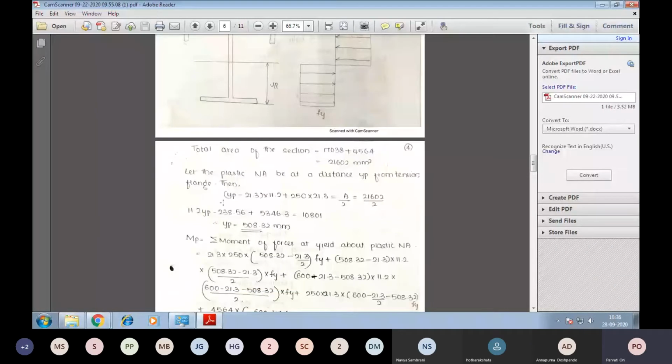So this is regarding the equation. I am equating half of the area of the section of the girder to half of the total area. Now once you calculate, just calculate the brackets, and you will get YP as 508.32 mm. YP, that is the distance of the plastic neutral axis from the tension flange, will be equal to 508.32 mm.